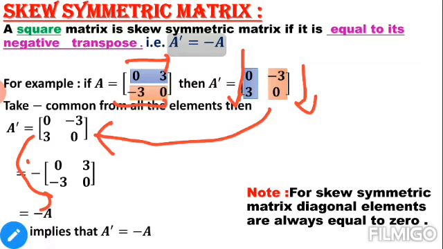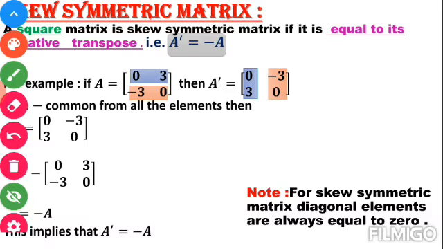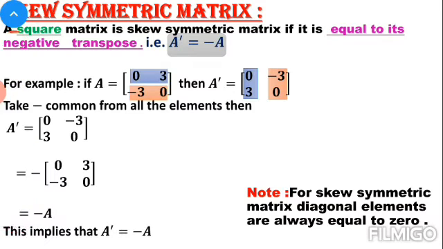This is a 0, and this matrix is nothing but your original matrix A. So that's why A dash is equal to minus A, and that's why this is a skew symmetric matrix.